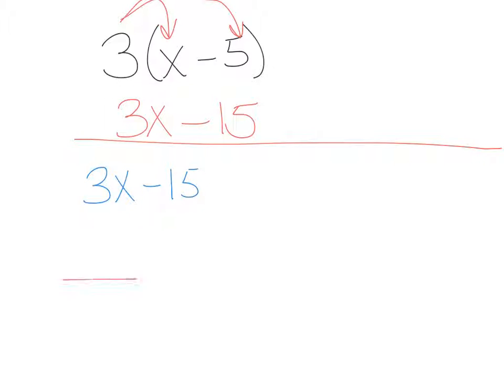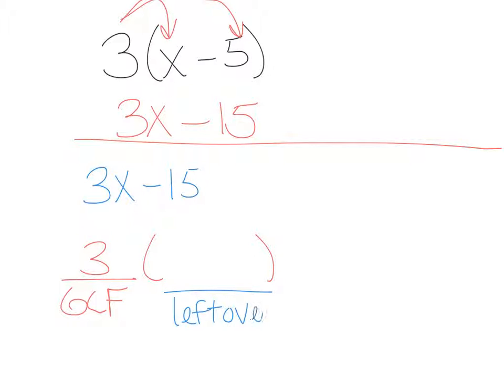So when I factor, I'm going to put my greatest common factor out front, which I just determined was 3. Then in parentheses, because it's all multiplication, I write down what I would have left over after I divide the greatest common factor out of all terms of my polynomial.